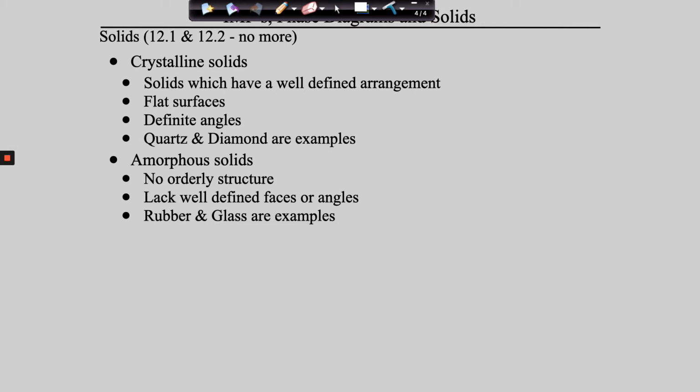But we know for sure that it is amorphous. And here's why. Do you know what glass is made of? It's silicon dioxide. So silicon dioxide in its crystalline form is sand. But we know that glass is not like sand.